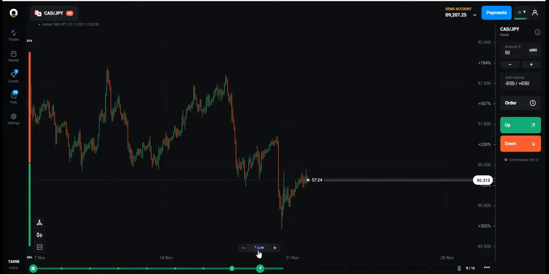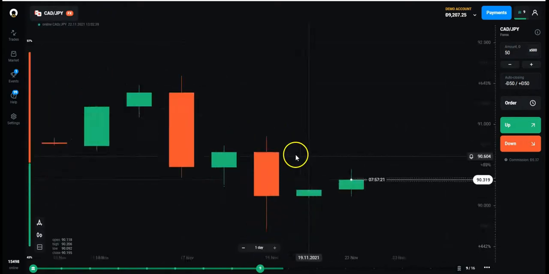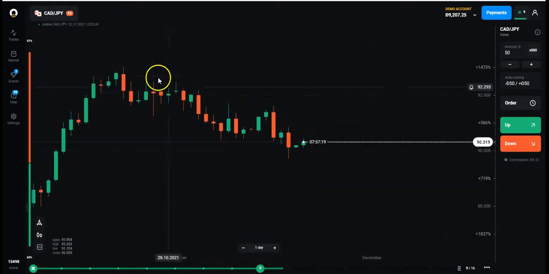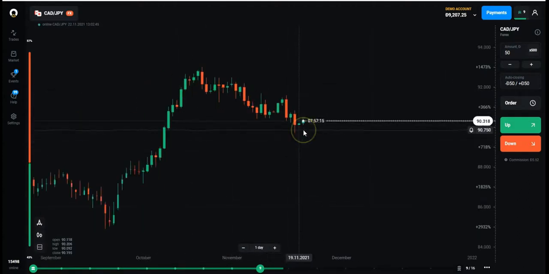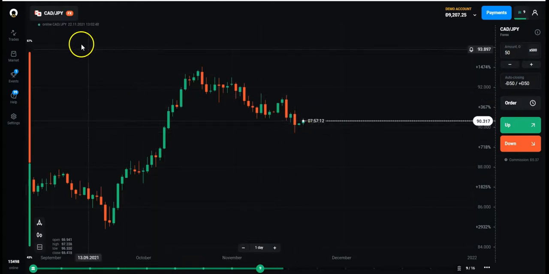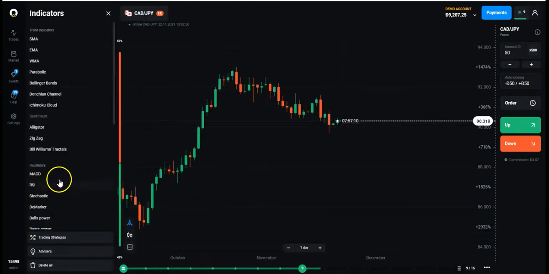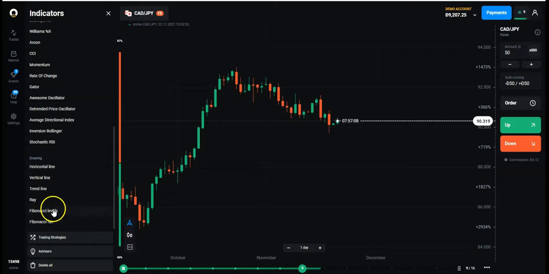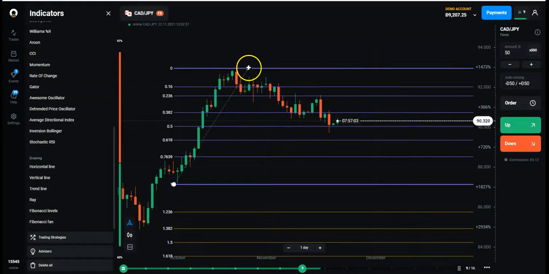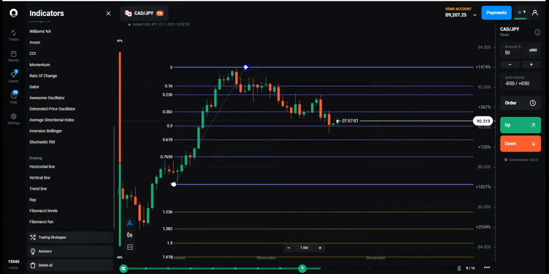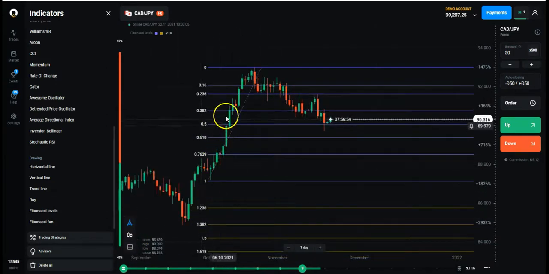If I go to the daily chart, I can see clear downside momentum, lower lows, lower highs. We are continuing to the downside. Now, if I place a Fibonacci here from the previous swing to the high, where can we expect the retracement of this larger time frame up move to come down to?